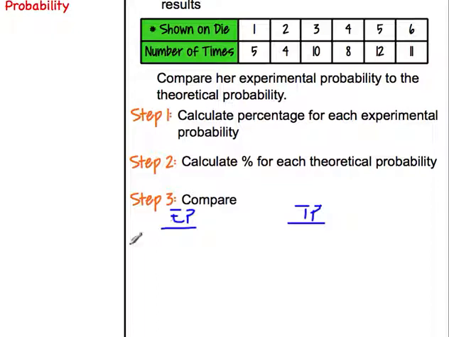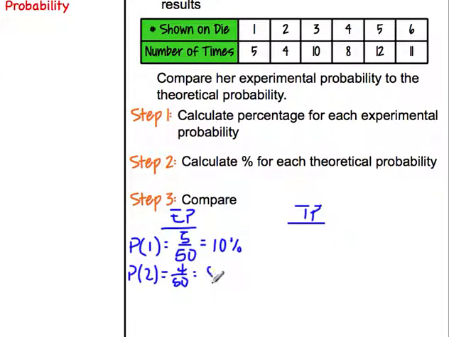The probability of rolling a 1 is 5 times out of 50, which would be 10%. The probability of getting a 2 is 4 out of 50, which would be 8%.